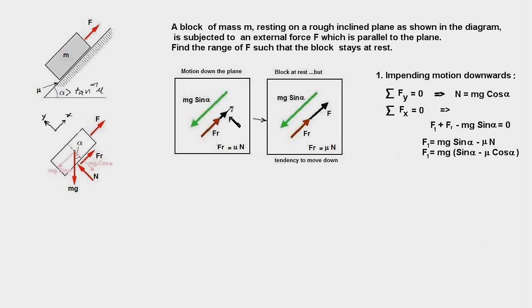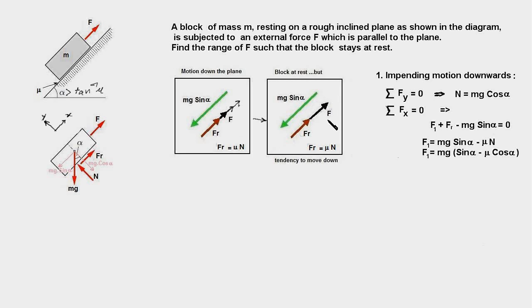So now if we apply a force F of larger magnitude, so that the combined magnitude equals that of mg sin alpha, as you can see here in the next diagram, the net force on the block would be 0, and therefore the body would be in equilibrium.